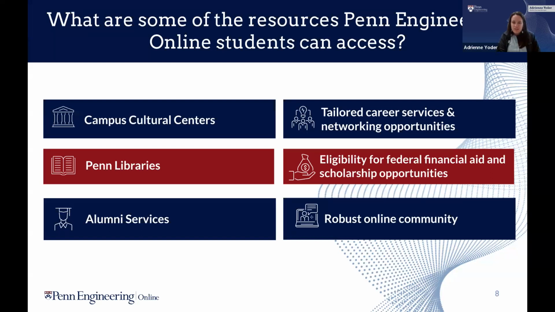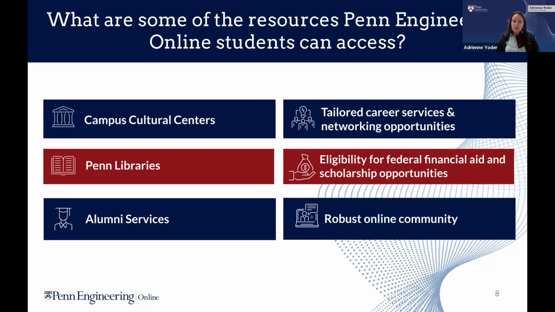All right, in the top left corner, the campus cultural centers. You might have seen this in your undergrad. A campus cultural center is a center where people of similar backgrounds and experiences can come together, meet, and do events and social outings together. This includes centers such as the LGBT Center, the Makuu Black Cultural Center at Penn, and the Penn Women's Center.